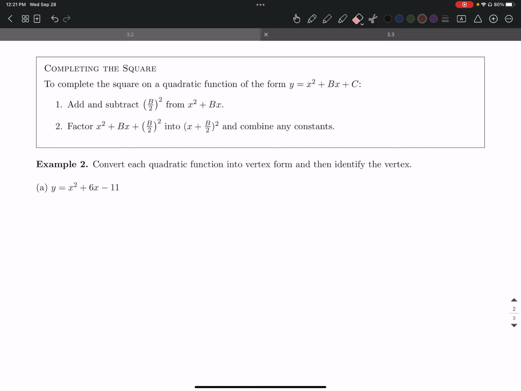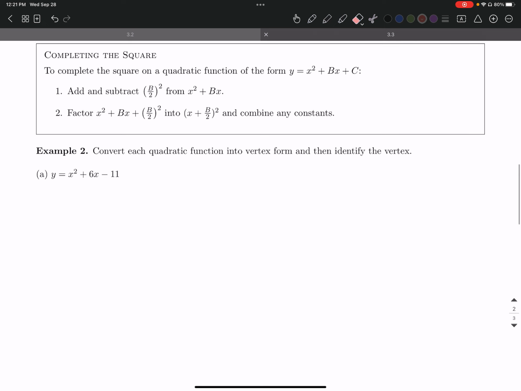If we are written in this form, then we can add and subtract this magical quantity, (b over 2) squared, from the first two terms, which will allow us to factor this part into this, and after combining any constants, we will be in vertex form. Now, these steps don't make a lot of sense without seeing an example, so let's do one.